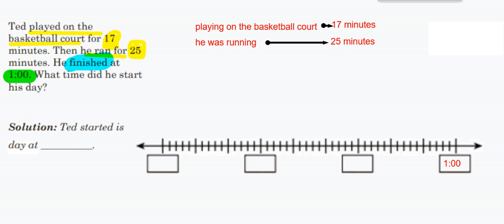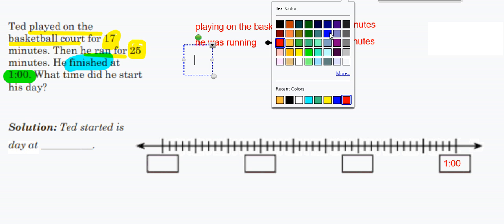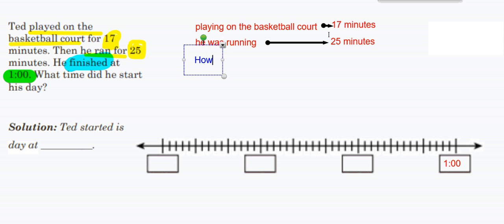Correct. You have to determine how long he played, how long he ran. How long was he active? We're going to call it that way. How long was Ted active for?